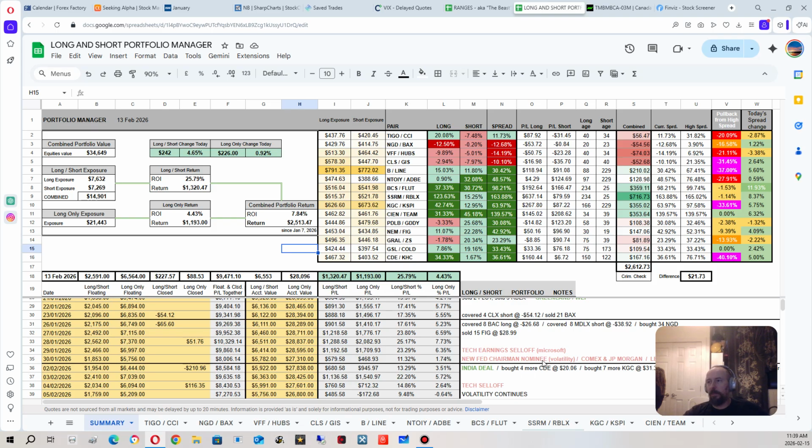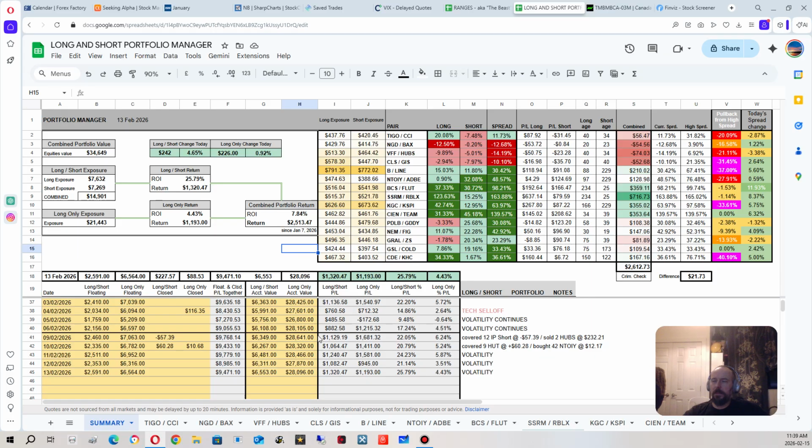There was a Fed chairman nominee announced. A lot of stuff happening, but if you do this the way I'm trying to show you, this is the way I've learned how to do it, you will not only survive these shocks, you'll have a much lesser drawdown. That's about to be revealed right here, or in this section actually.